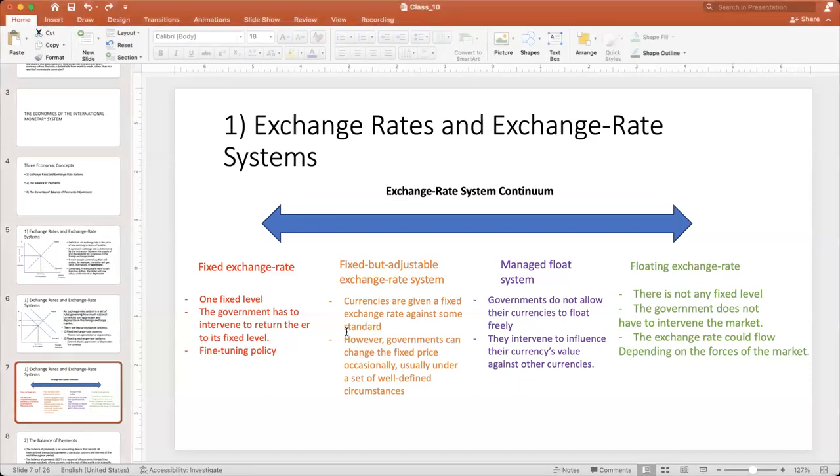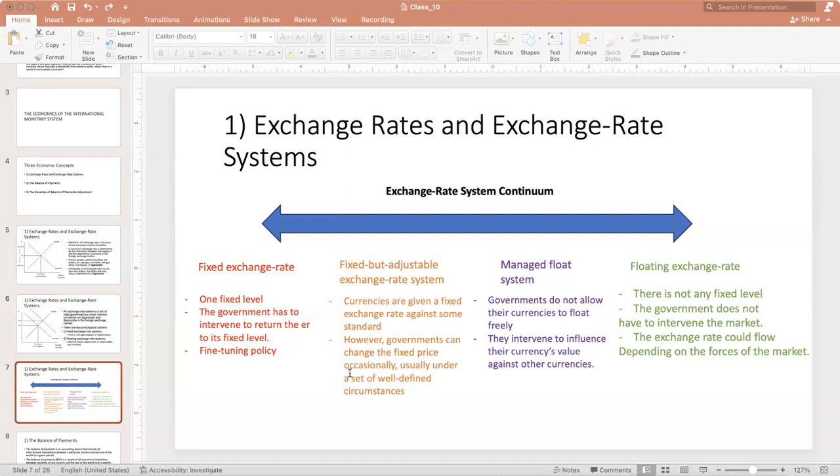So even when there is no rule for the central bank to intervene, they could do it. And of course, the central bank interventions in a managed float system are aimed at achieving specific policy objectives. These objectives may include promoting price stability, supporting economic growth, maintaining competitiveness in international trade, or even addressing excessive currency appreciation or depreciation.